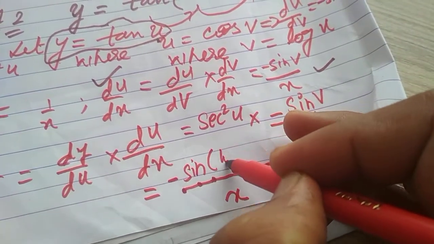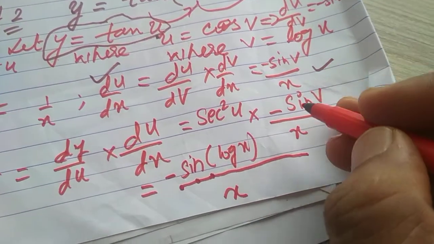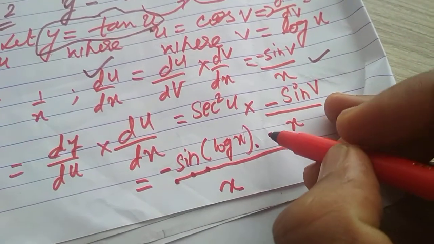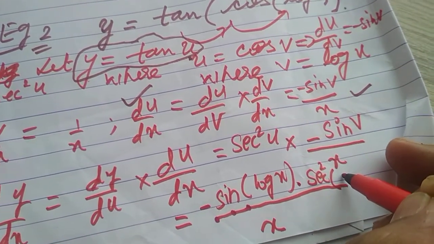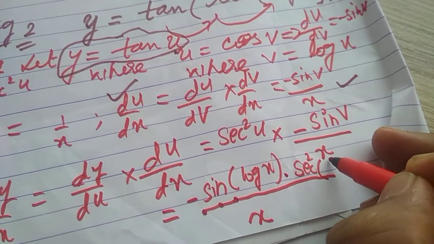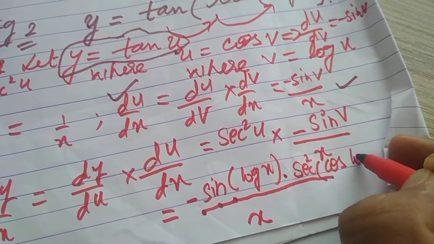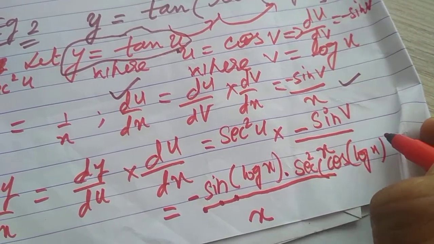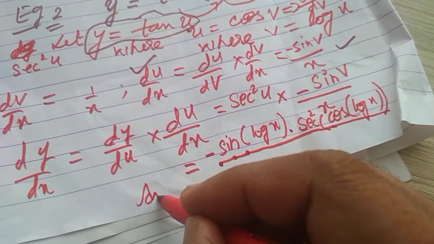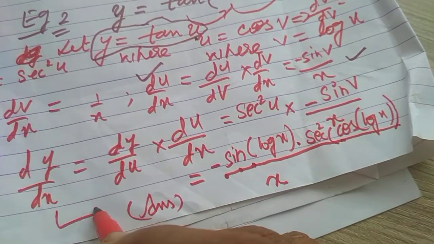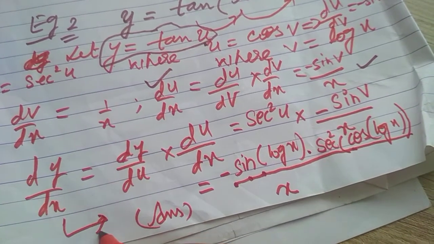So minus sine logarithm of x into sec square u. What is u? U is nothing but cos v. So it is cos of log x. So this is your final answer. This is your dy by dx.